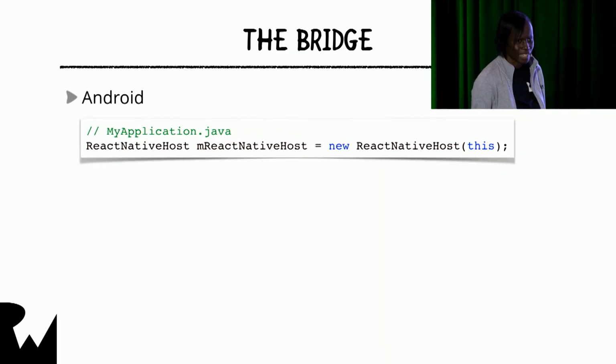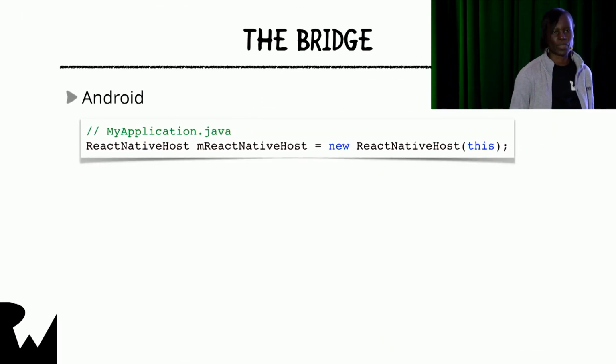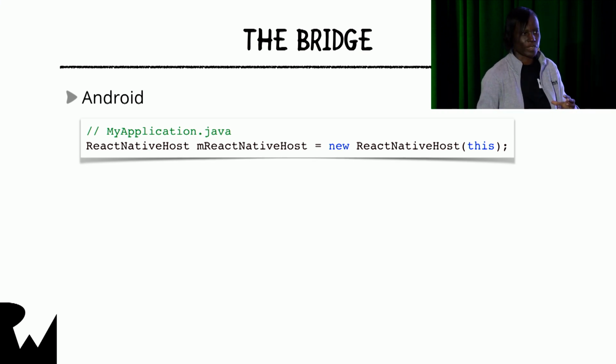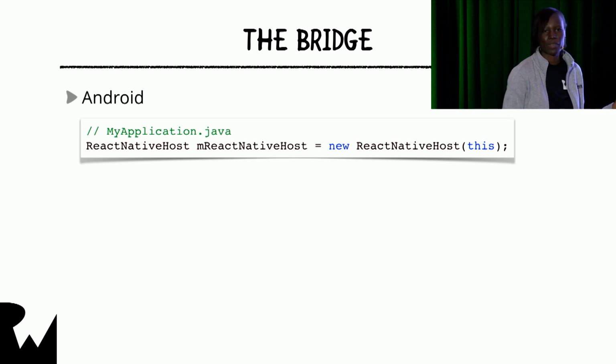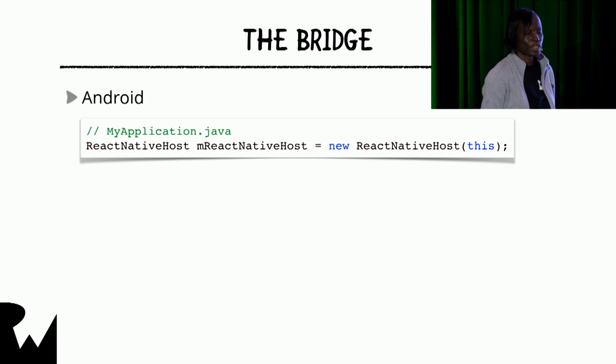Similar but slightly different, Android has something called a React Native host. The React Native host manages the React view, and it also has a handle on a React instance manager. You would create a React Native host, probably on your application subclass, because that's where you could have a singleton.